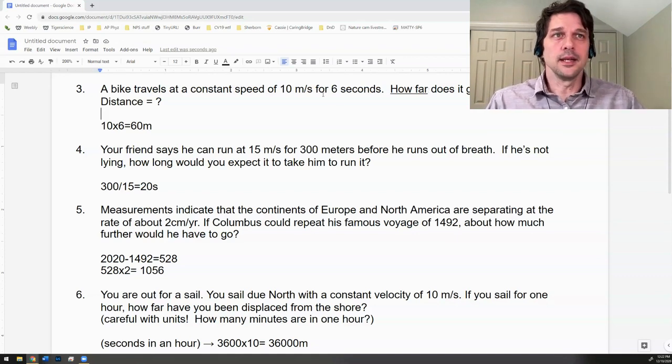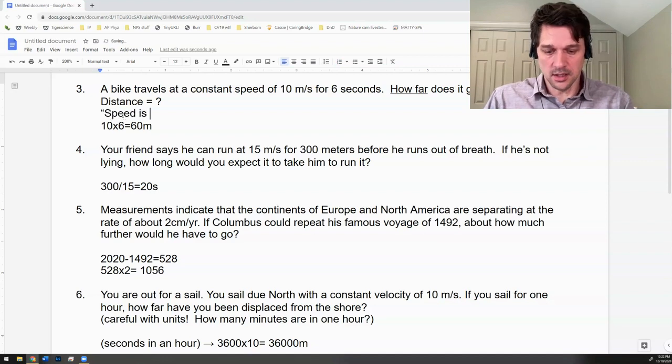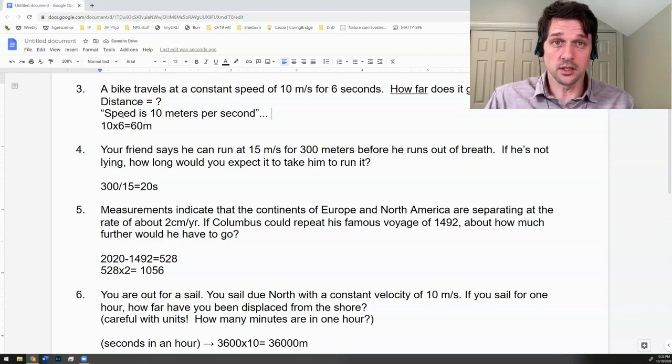All right, now we need to know what information we're provided. Constant speed of 10 meters per second. Now, when you say in words, speed is 10 meters per second, well, that's the English language sentence.